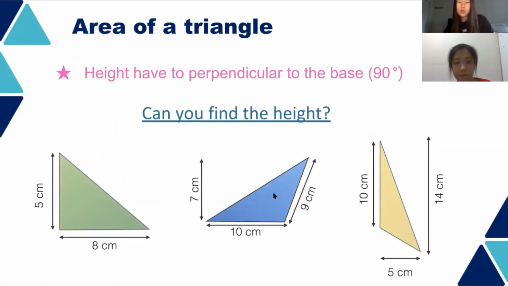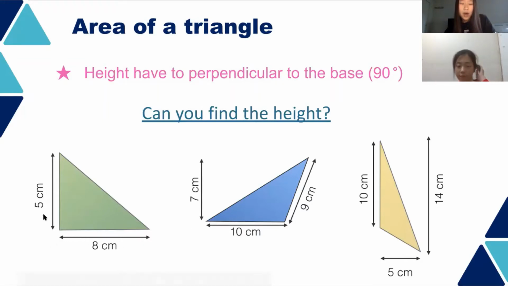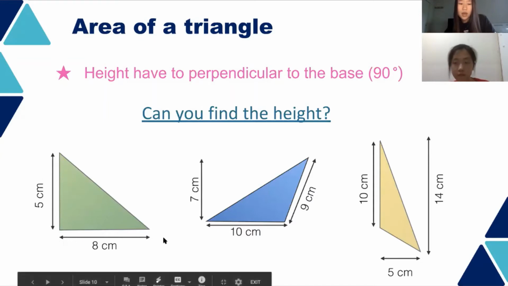Okay, so here we have some examples where you can find the height of a triangle. Basically, for a right triangle, the base and the height are interchangeable, so you can just say one is the height and the other one is the base. So here, 5 can be the height and 8 can be the base for the green triangle.